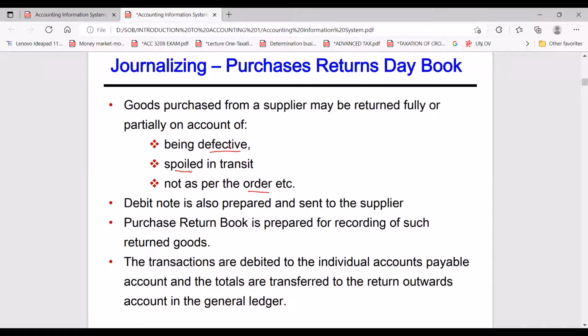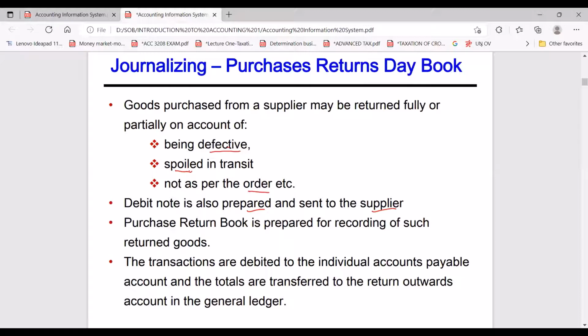In this case, a debit note is prepared by the buyer who is returning the goods, and then the note is sent to the supplier. A purchases return day book is also prepared for recording such goods returned.